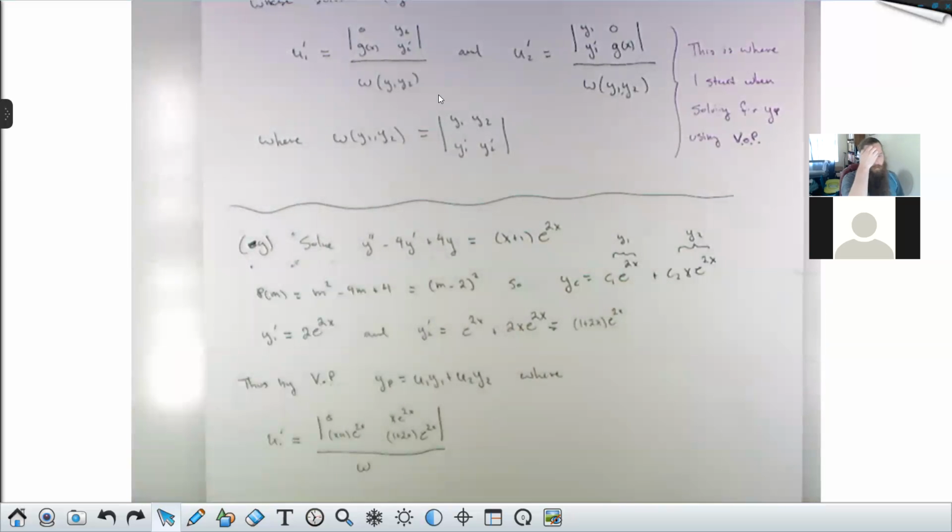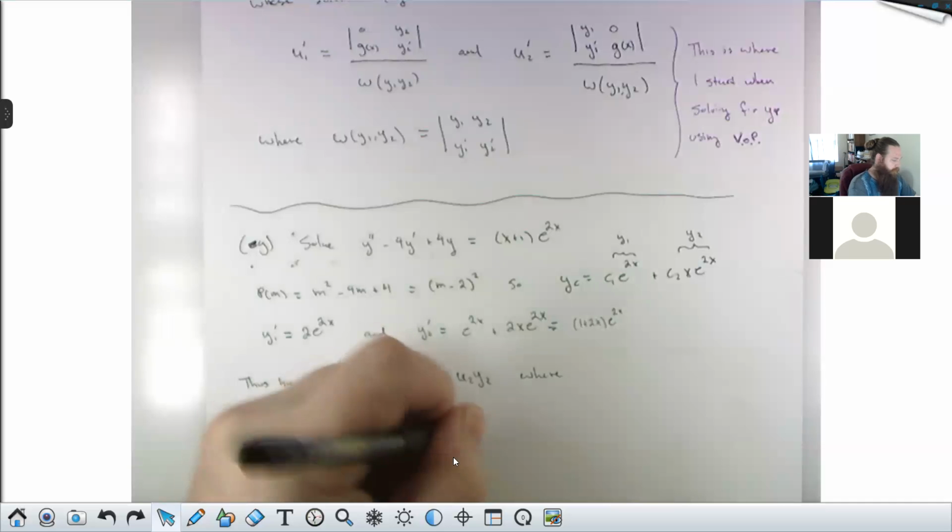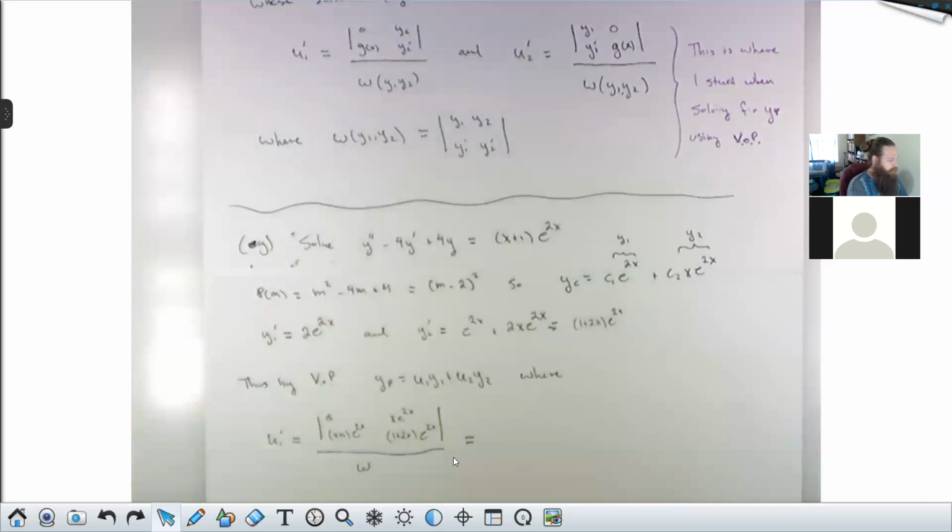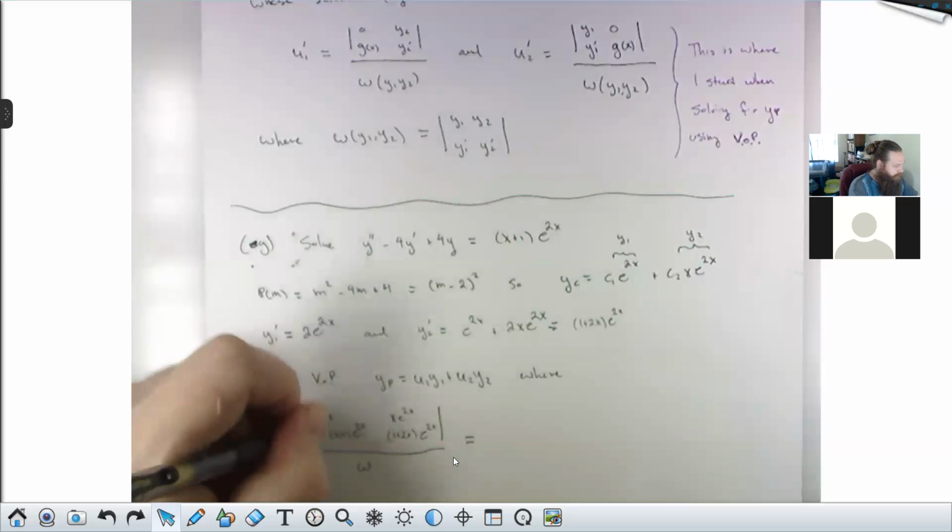So I'll go ahead and calculate the Wronskian as a separate step. Save us some work. Let's crunch this determinant upstairs. This is 0 times this guy minus this guy times this guy. Everybody remembers the formula for a 2 by 2 determinant, right?